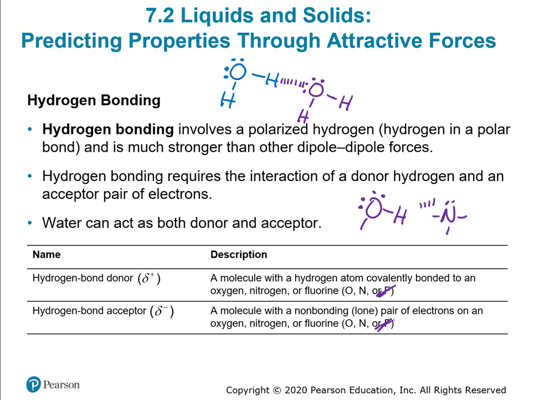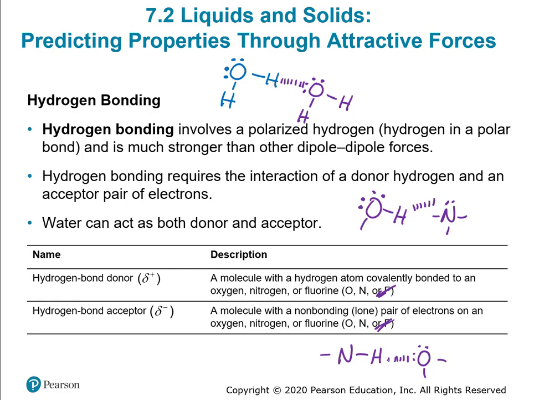This can do hydrogen bonding. If I have an oxygen with a hydrogen and a nitrogen, hydrogen bonding can occur. The nitrogen could have the hydrogen, and the oxygen would then be attracted to it. It's almost like that hydrogen ends up being held between them.